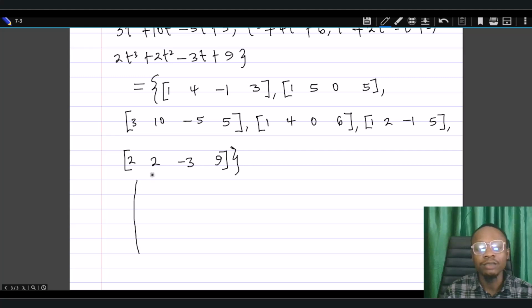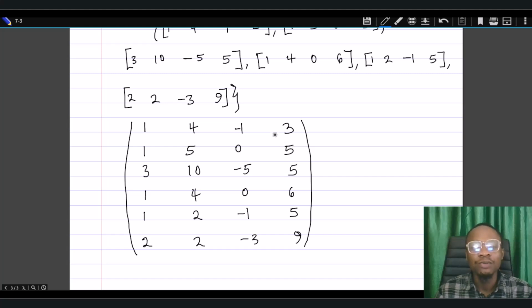So let's put the vectors in a matrix. I'll use them to form the rows of a matrix. Then we know that a basis of the row space will be a basis of the vector subspace U plus W. So 1, 4, minus 1, 3, 1, 5. We have now arranged them in rows to form the rows of this matrix.